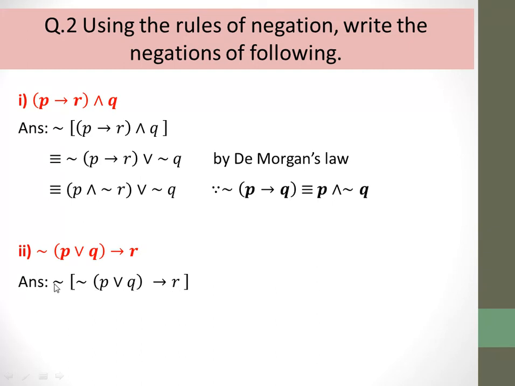First of all, the negation is operated on this implication, so first we will use the rule of negation for implication. The rule is: negation of P implies Q is equivalent to P and negation Q. So let us consider this whole statement pattern as P, and this as Q.